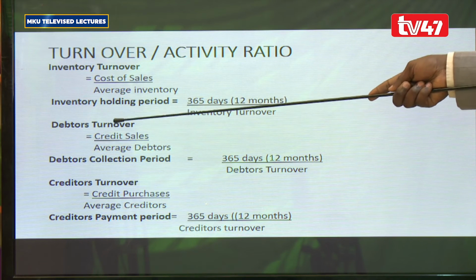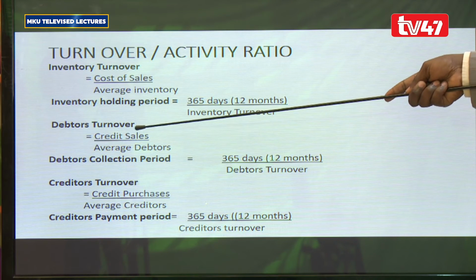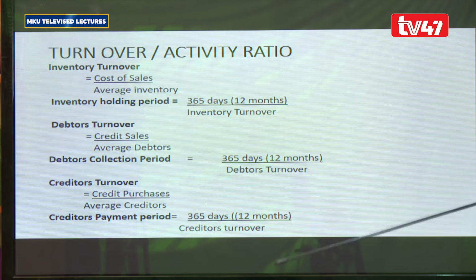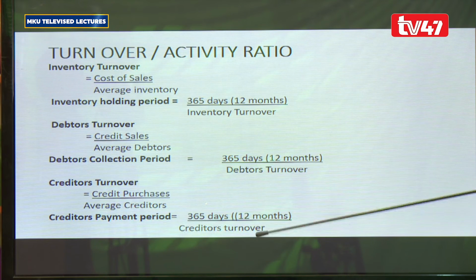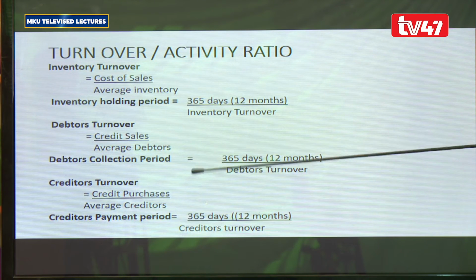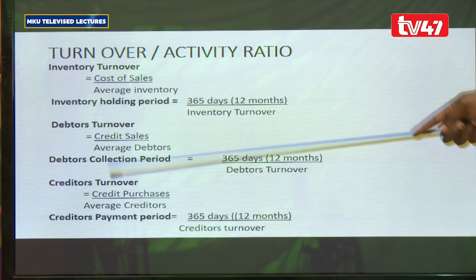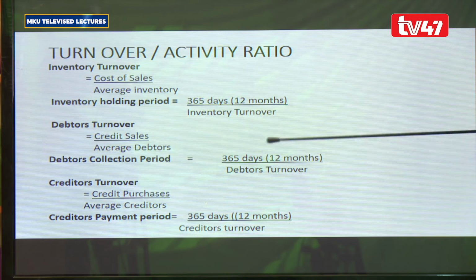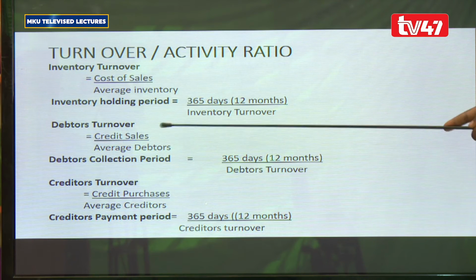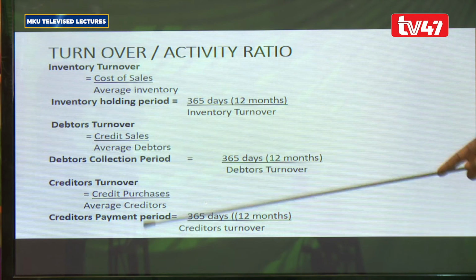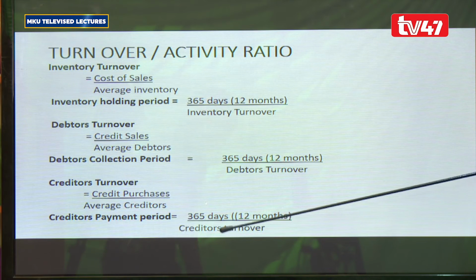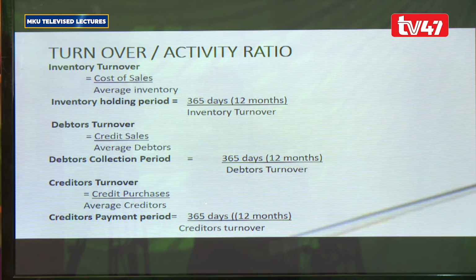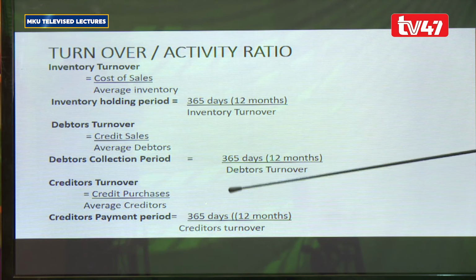Another resource we may have is the debtors turnover, where we take the credit sales per annum, you divide by the average debtors. Remember the average debtors, like for the stock, is the number of debtors on every day. So you take the total credit sales, divide by the average debtors to get, on average, how many times you make sales per year, or the frequency of making sales.